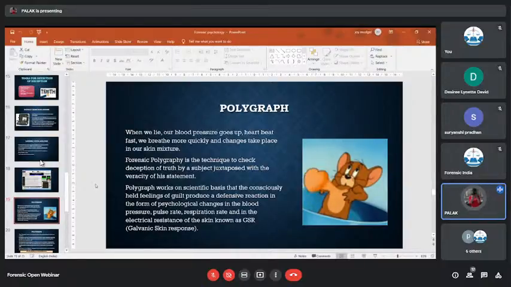Polygraph works on the scientific basis that the consciously held feeling of guilt produces a defensive reaction in the form of physiological change in the blood pressure, pulse rate, respiration rate, and in the electrical resistance of skin, which is called GSR, galvanic skin response.